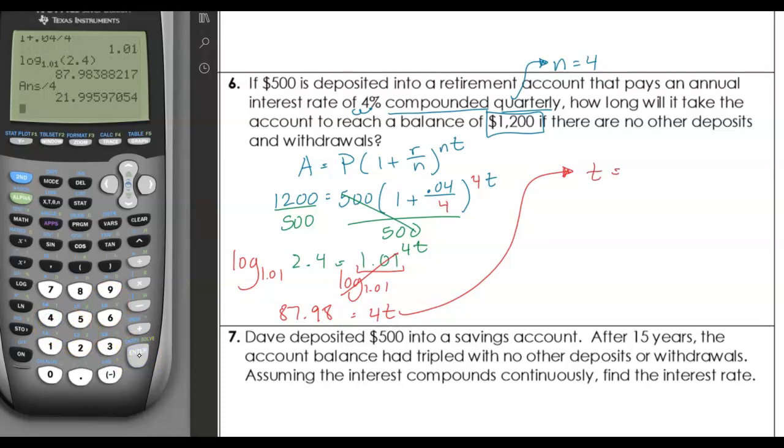And t is equal to 21.996 years. Years we can just leave as a decimal. I think technically we could do 21 years and then a certain number of months, but in most cases when they want to know when it will occur and it's in years, you just put the decimal.